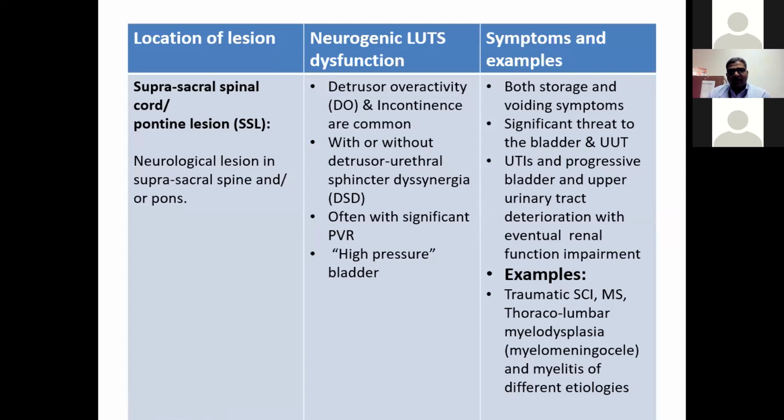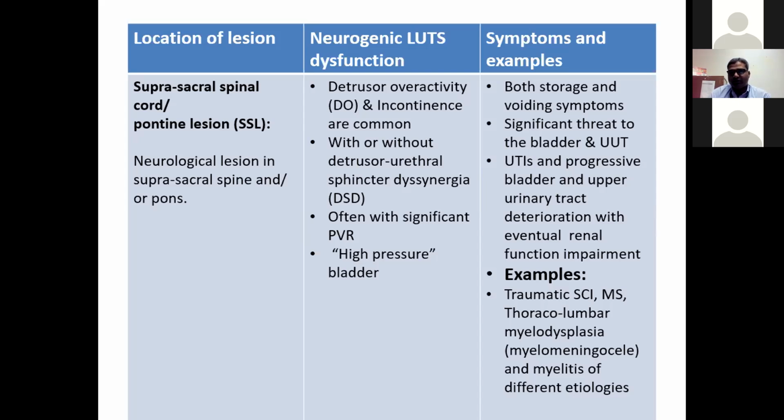So in a suprasacral spinal cord lesion, the lesion lies in the suprasacral part of the spine, below the level of the pons. What abnormality will you find on urodynamic studies? In the bladder there will be detrusor overactivity and incontinence with or without detrusor sphincter dyssynergia. There is often significant post-void residual volume, and these bladders are not safe because they are high pressure bladders.